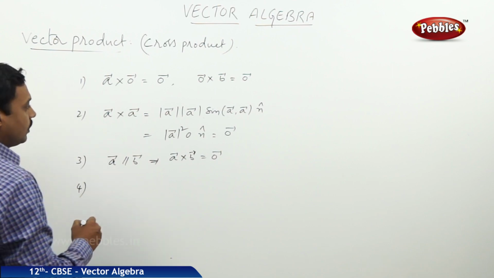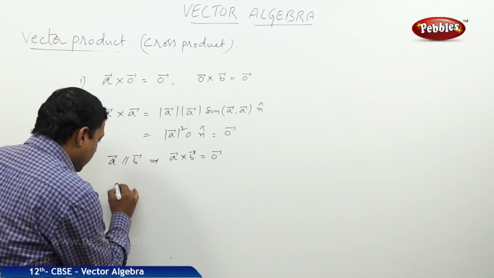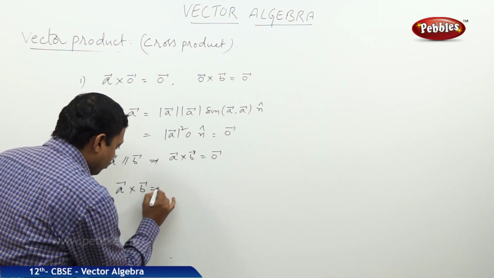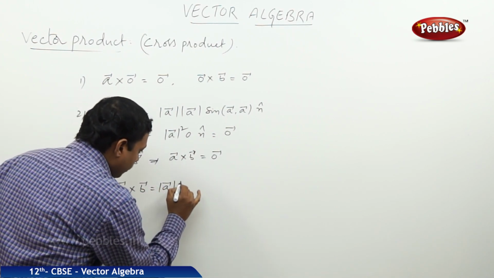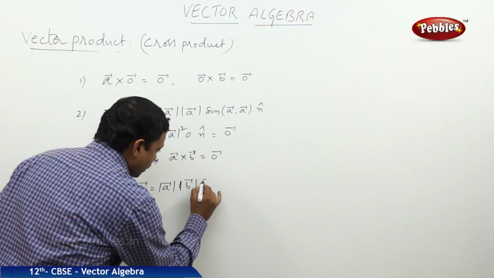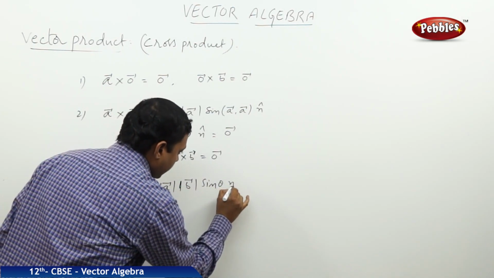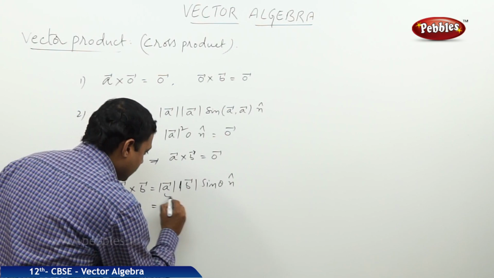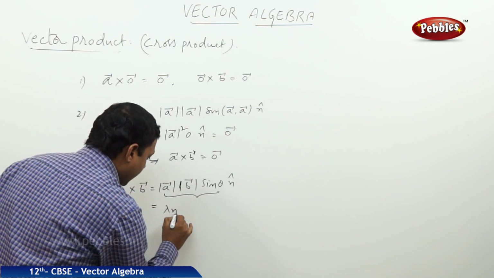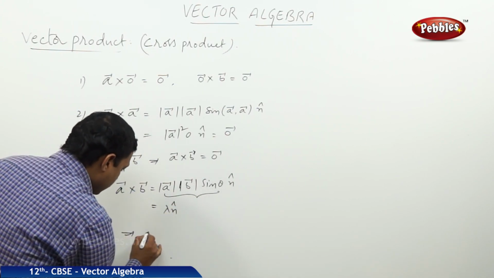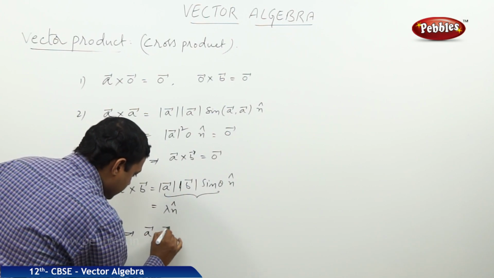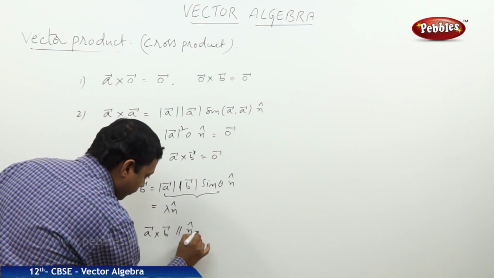Next, the fourth one. A cross B is equal to mod A mod B into sine theta into n cap. You know, it is always equal to some lambda into n cap. That implies that A cross B is parallel to n cap.